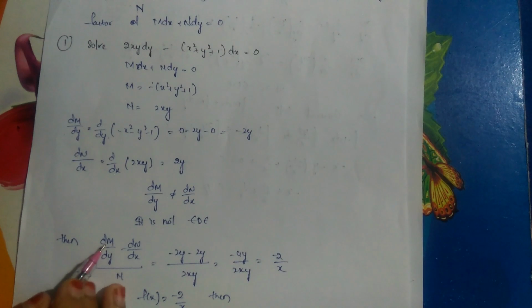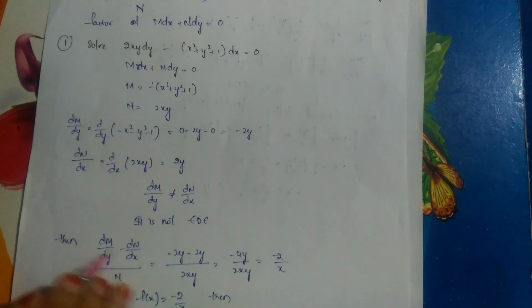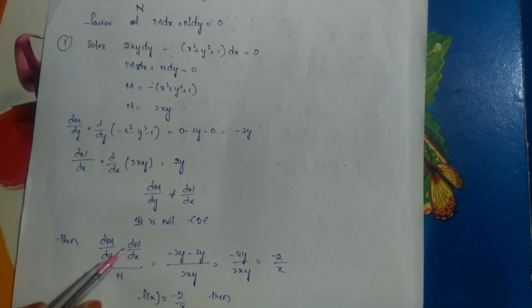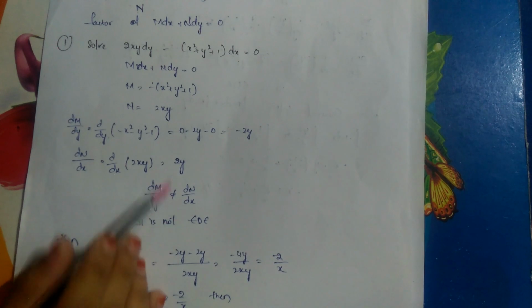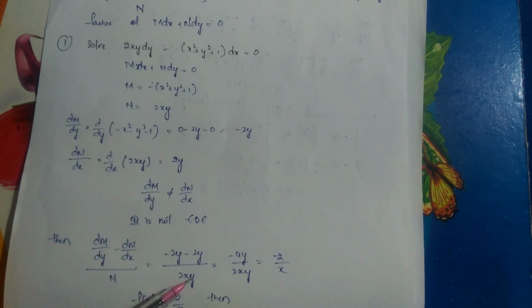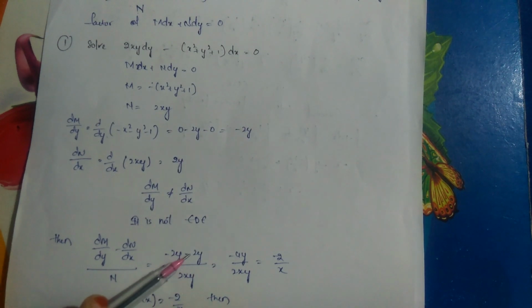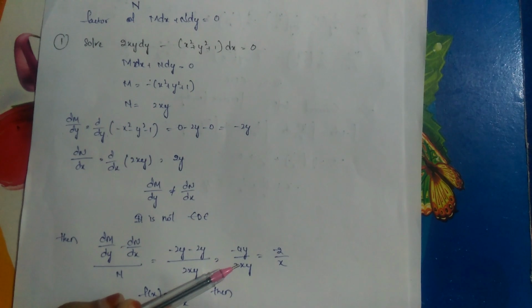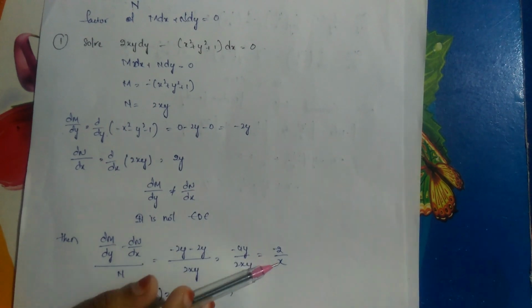So we consider (∂M/∂y minus ∂N/∂x) divided by N. Now ∂M/∂y is minus 2y and minus ∂N/∂x is minus 2y, that is divided by the function N, that is 2xy. Now minus 2y minus 2y gives minus 4y, divided by 2xy, that equals minus 2 by x.